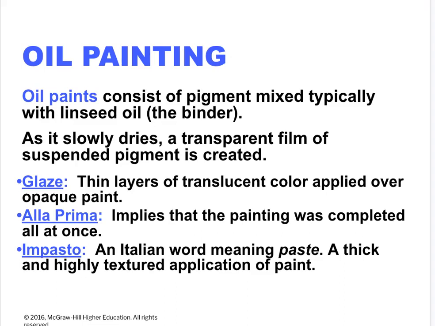So you get a very beautiful layering effect where you see one color through another, and it does infinite things with color mixing and what you can do with the color.